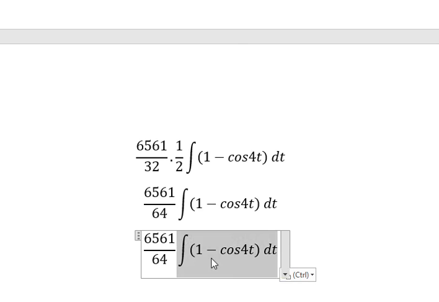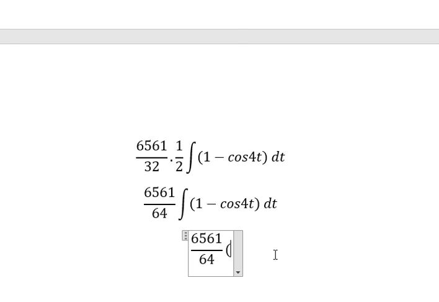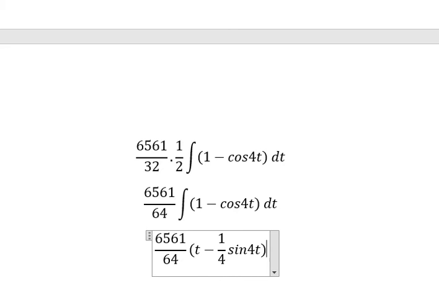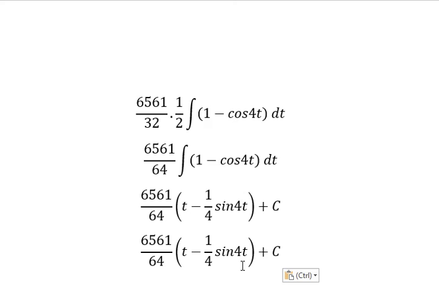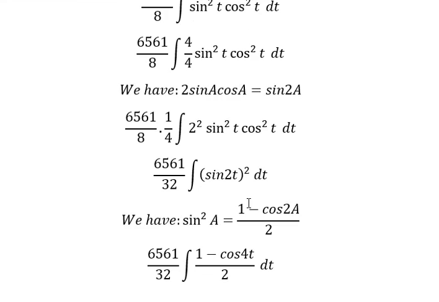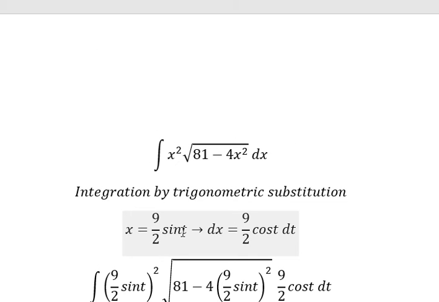The integration of number 1, you get t. The integration of cosine 4t, you get 1 over 4 sine 4t. And we put c. About t, that is this one. So I will put 9 over 2 to the left.